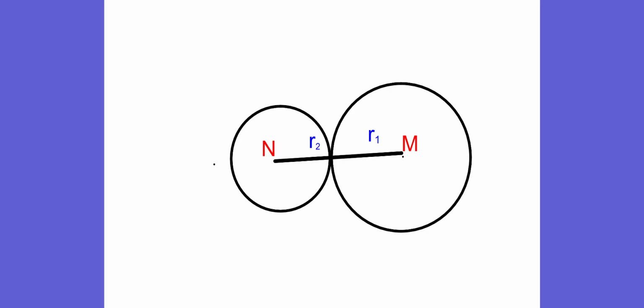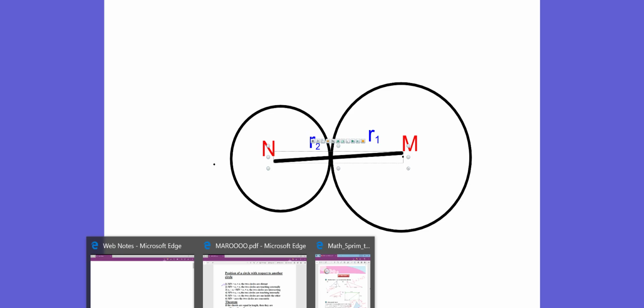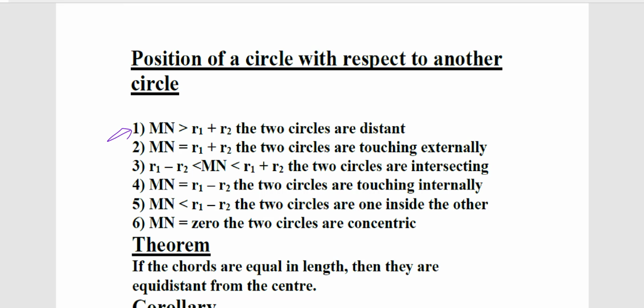The two centers here, and the line of center joining the two centers makes this equation: R1 plus R2. Then the distance between M and N is equal to the sum of their radii.